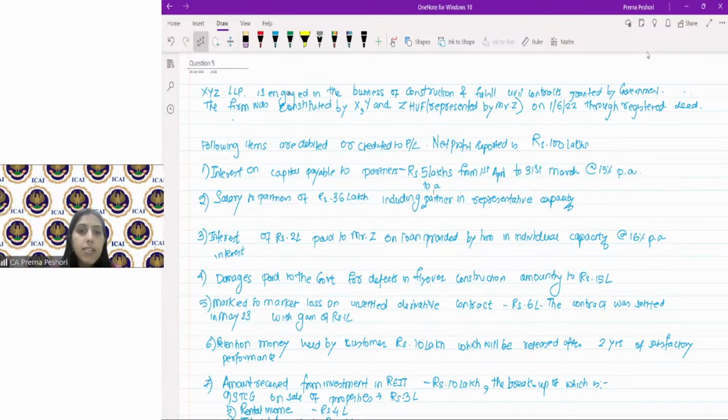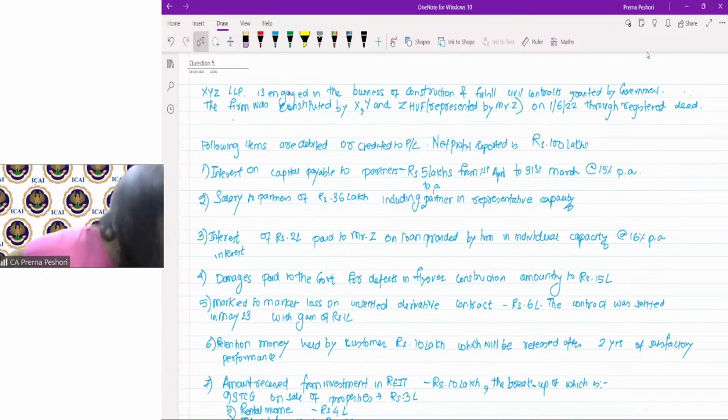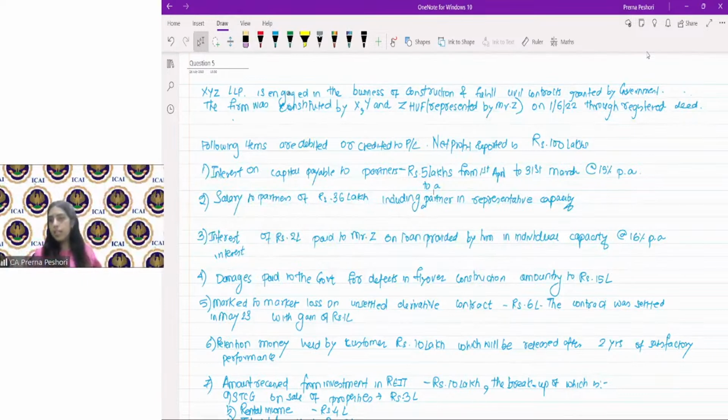Yes, Kaushiki, correct. Disallowed about 12%, but there is one more adjustment. Yes, Janvi, correct. There is one more adjustment here over and above 12%. What is that adjustment?